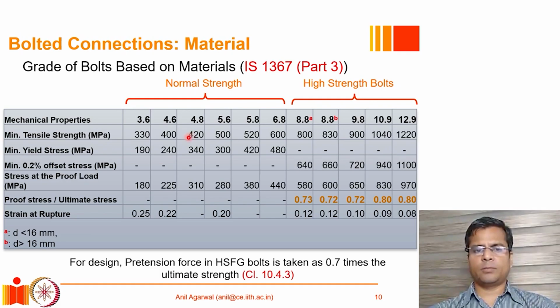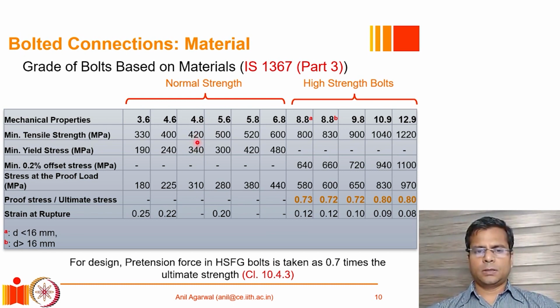For example, if a bolt has a classification of 4.8, it has a tensile strength of almost 420 MPa and a yield strength of 340. If we multiply 420 by 0.8, we get 340. That is how this classification works.